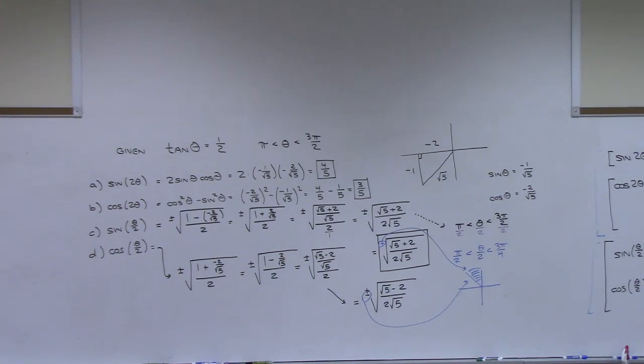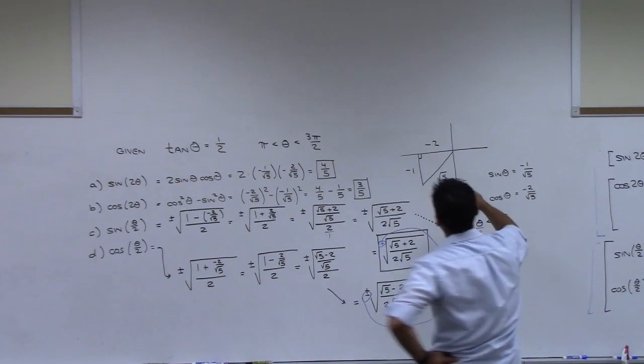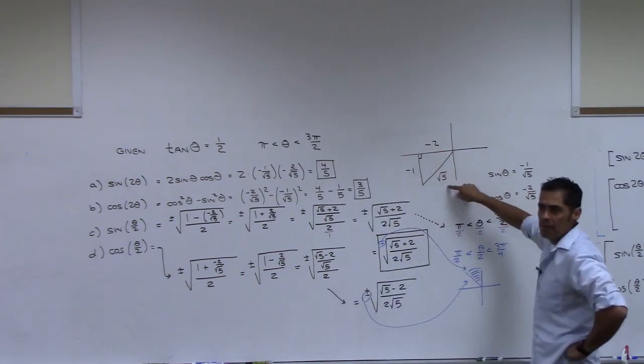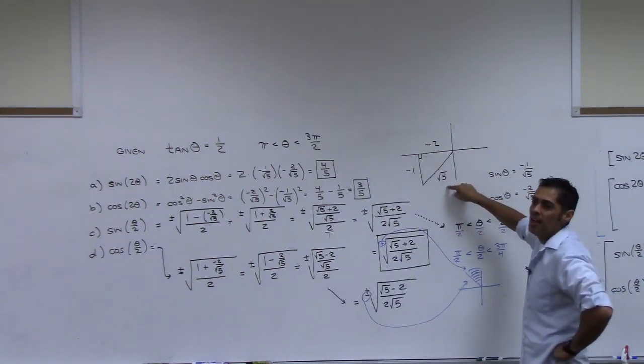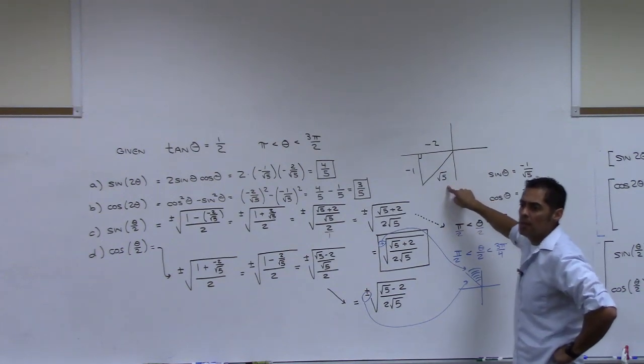For cosine 2 theta? Which formula did you use? It was 2 cosine theta. But what's cosine theta? I think that's the problem. Okay. Cosine theta off of this triangle is -2/√5. I think you use sine. Because you put -1/√5.